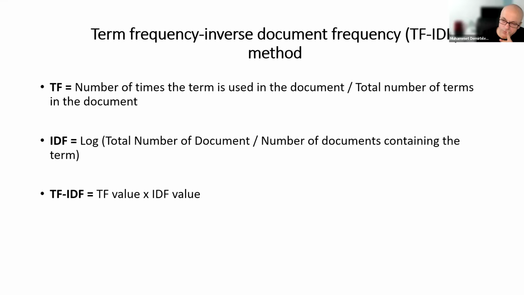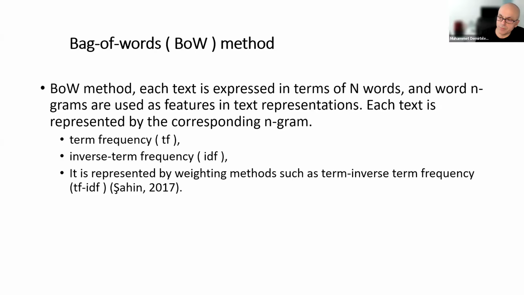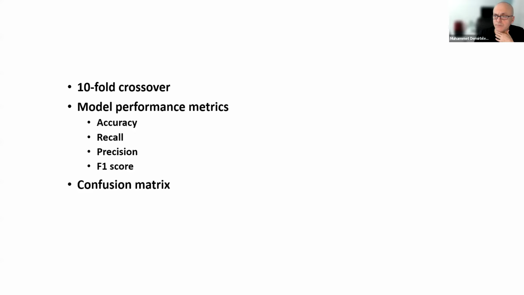There are two different methods that we used. One was term frequency-inverse document frequency, TF-IDF. The other one was the bag of words method, for all three: support vector machines, decision trees, and k-nearest neighbors. For each algorithm, we used two different methods.